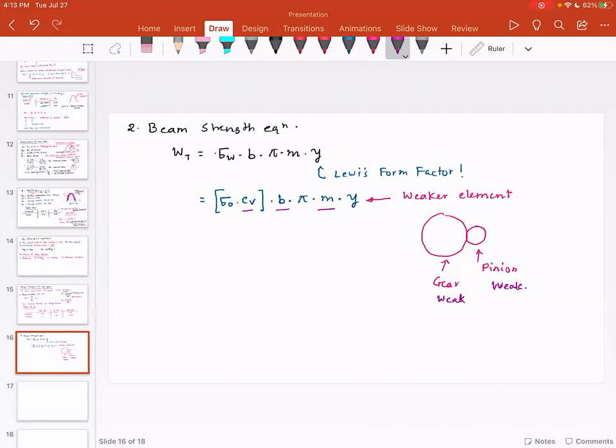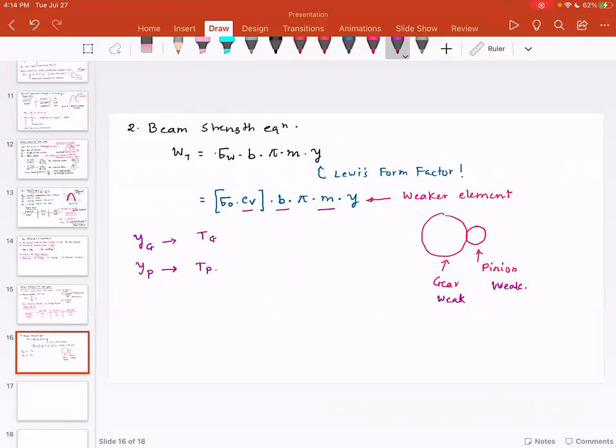So the only thing that we change is the value of y, which means y for gear and y for pinion will be different because y depends upon the number of teeth. So YG depends upon TG and YP depends upon TP. Since the number of teeth on pinion and gear are different, YG and YP will be different.